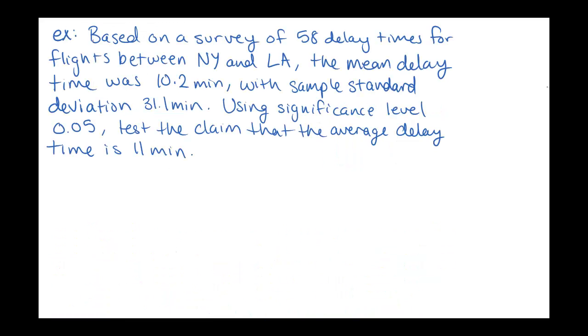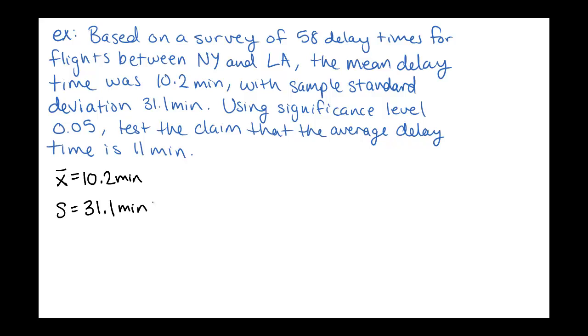So here's our example. Based upon a survey of 58 delay times for flights between New York and LA, the mean delay time was 10.2 minutes. So this is a mean of the sample though, so this is our x bar, with sample standard deviation 31.1 minutes. So this is our standard deviation of the sample.